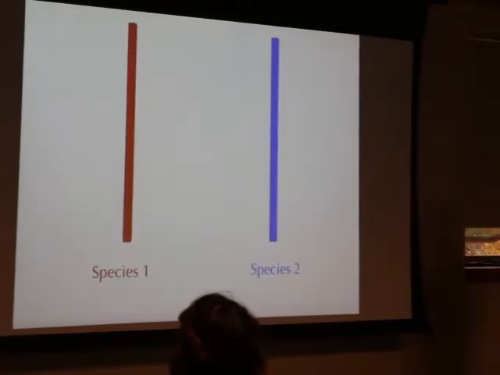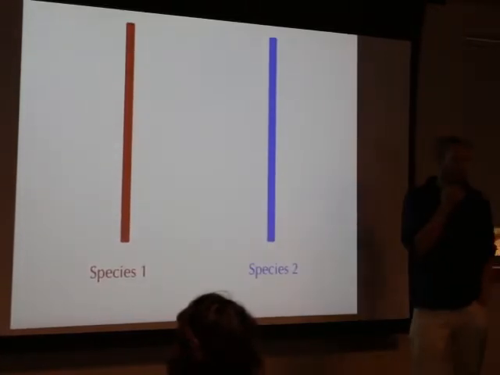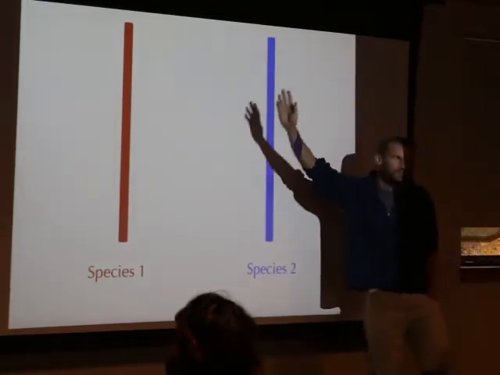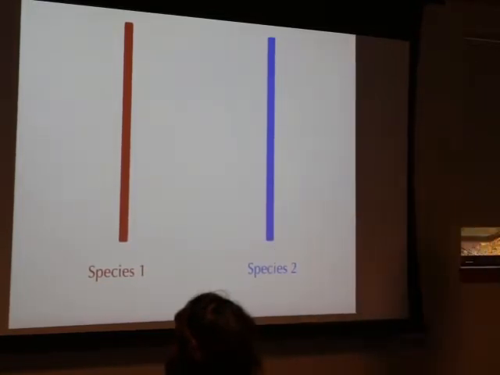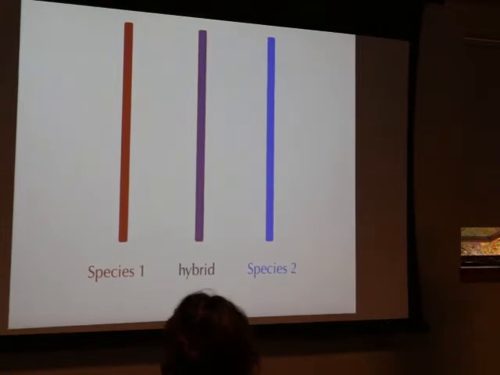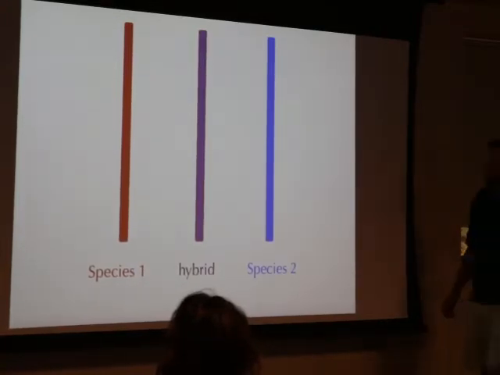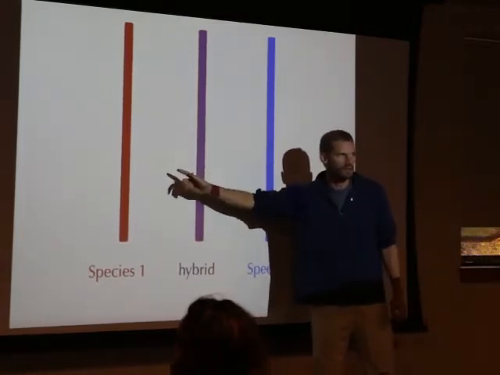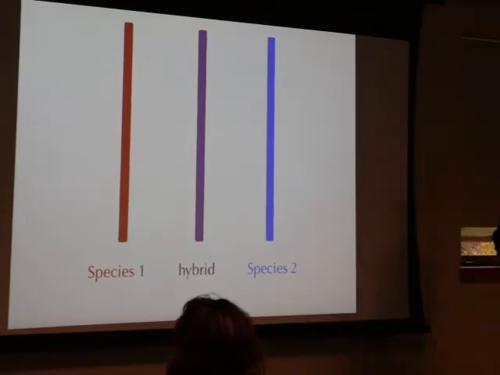Okay, so let's visualize the genomic aspects of these things. Suppose you have these two species, and they each have a genome, and the genomes are differentiated to some extent. If you have hybridization between them, you start to get genomes that are mixed. At the simplest level, at the F1 stage, you would get something that's heterozygous at all loci where those two species differ.